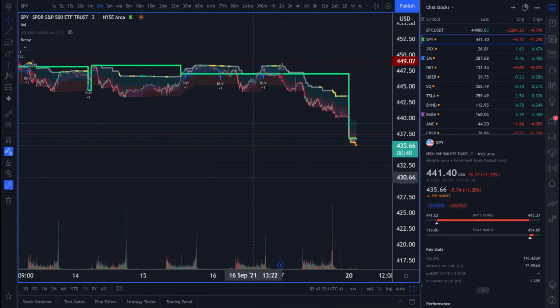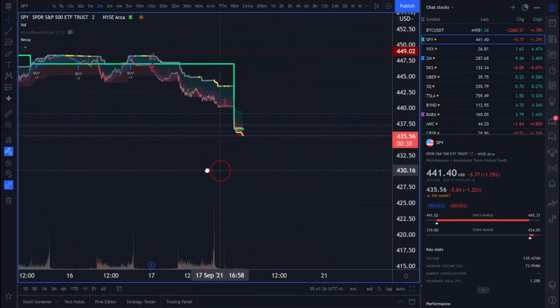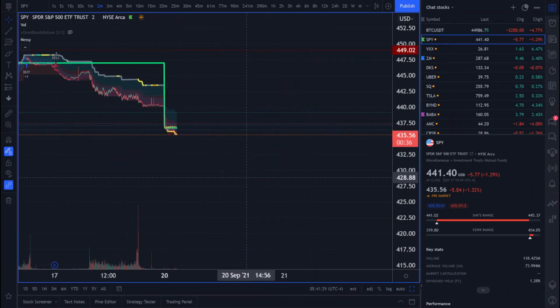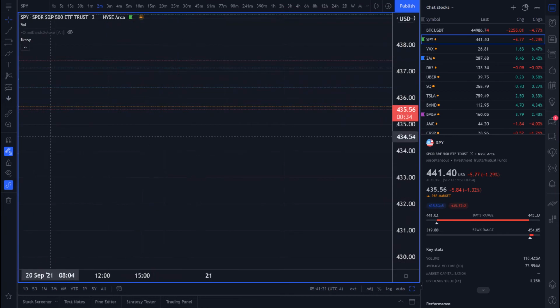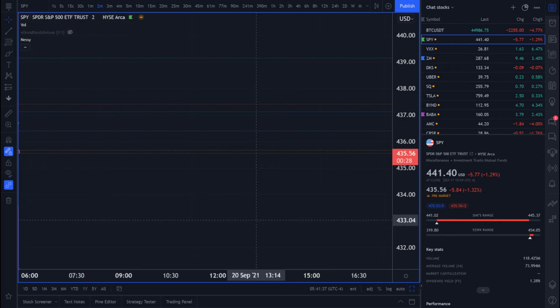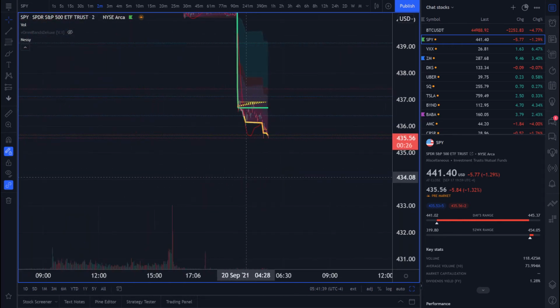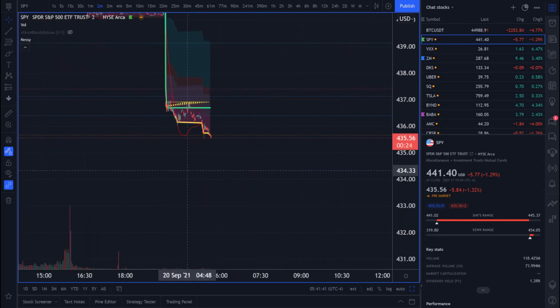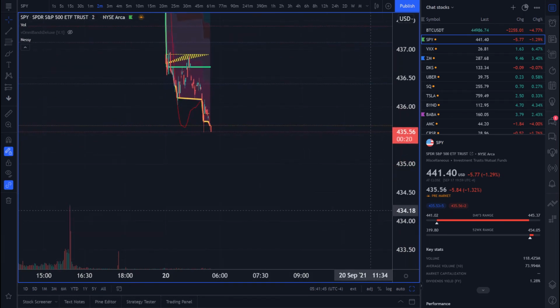That's when SPY hit 444 and it started breaking down. But because it didn't catch the bounce, now we use it as a resistance. That's what we're looking at right now. And this thing could drop even more as the video goes on.